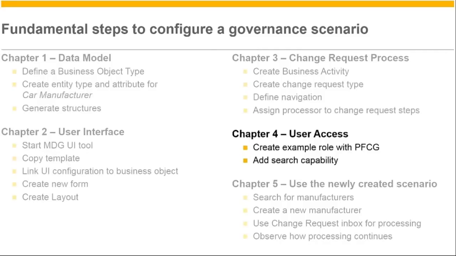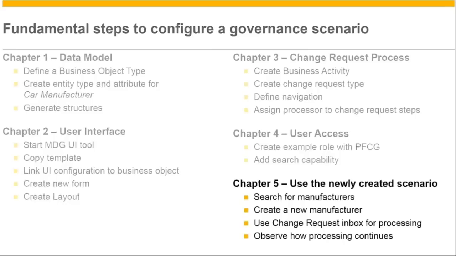The process works on roles also. The requester has different roles, UIs and authority checks enabled. A specialist has different ones. And then we'll run the newly created scenario. So first we'll be discussing the data model.